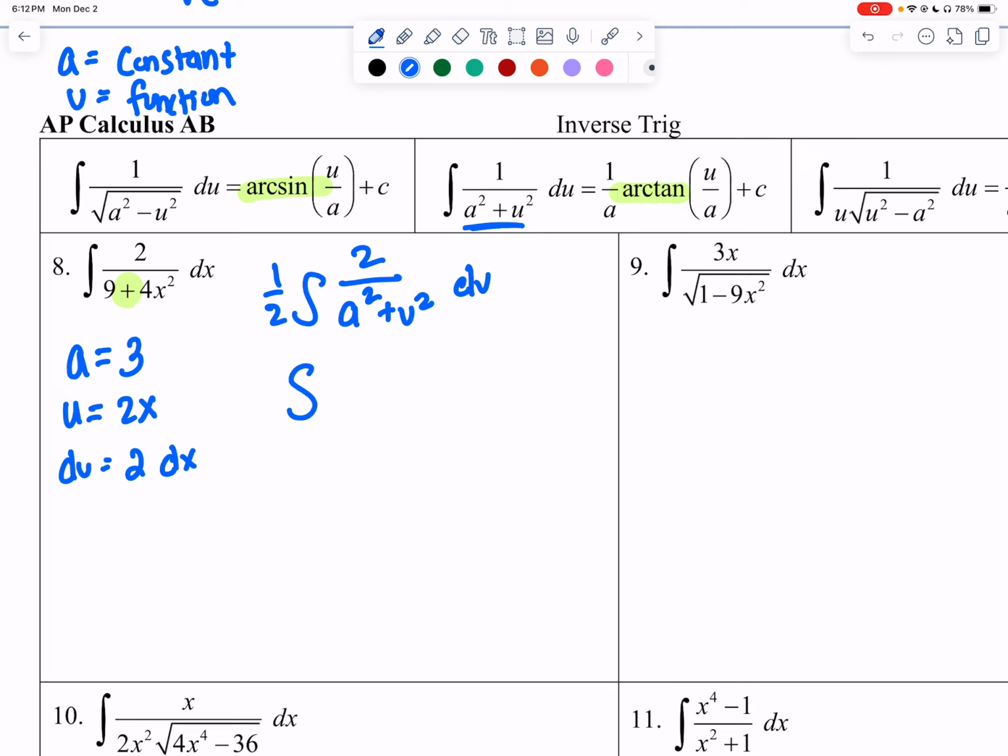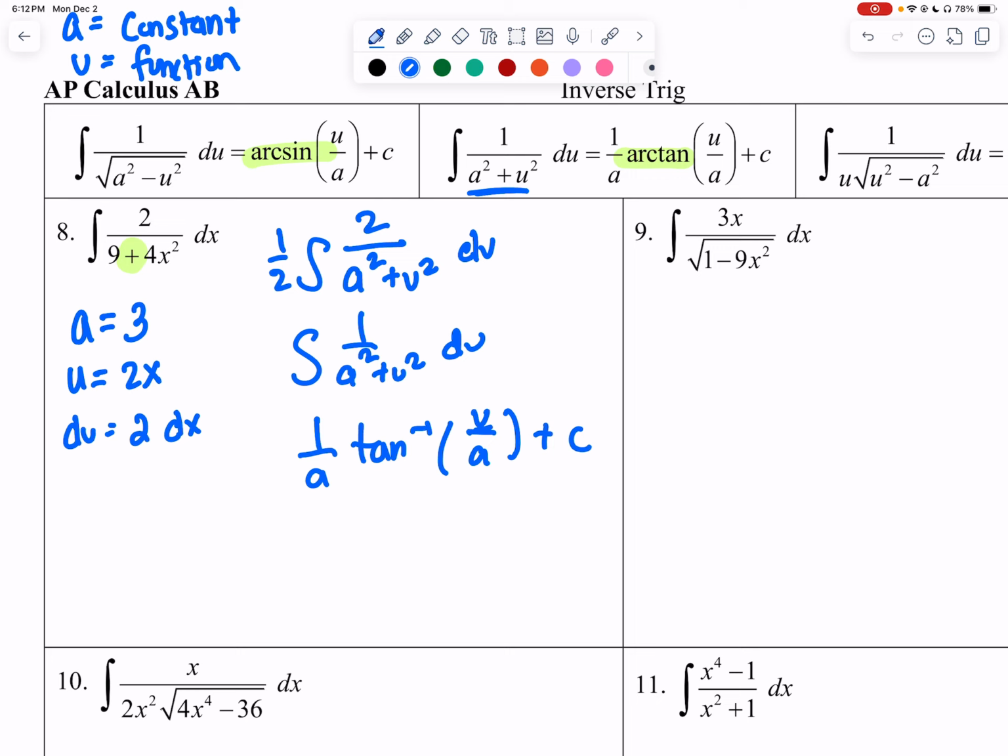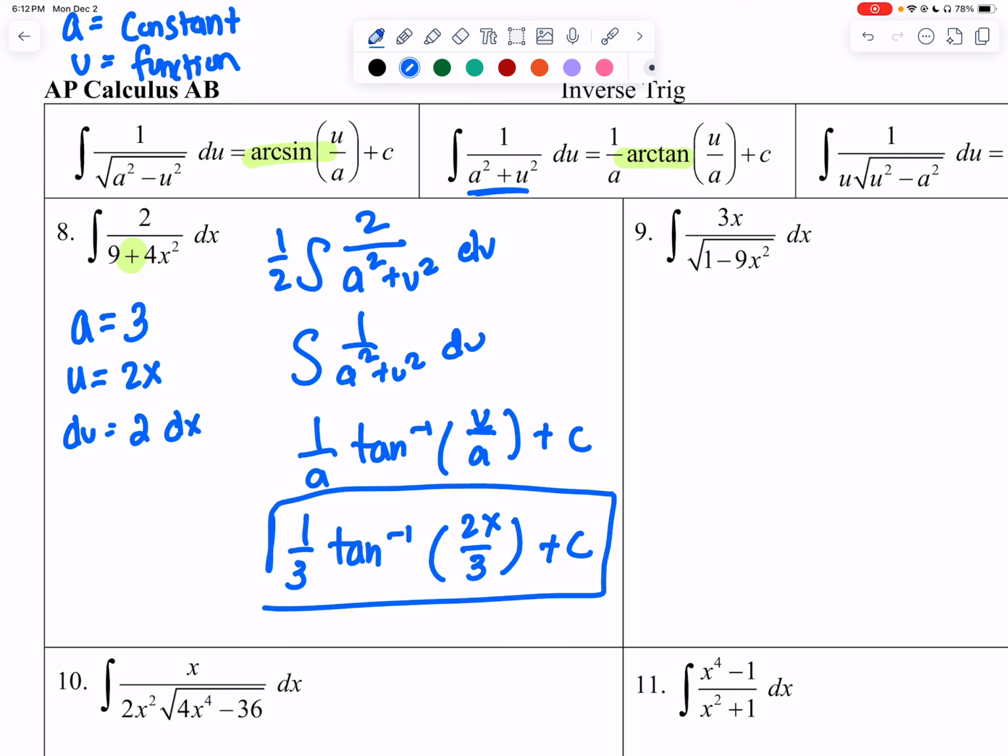So now I have 1 over a squared plus u squared du, which, plot twist, is inverse tangent. So now I have 1 over a inverse tangent of u over a plus c. And then we are just going to plug in u and a based off what we know. So a is 3, and then u is 2x. So that is my final answer.